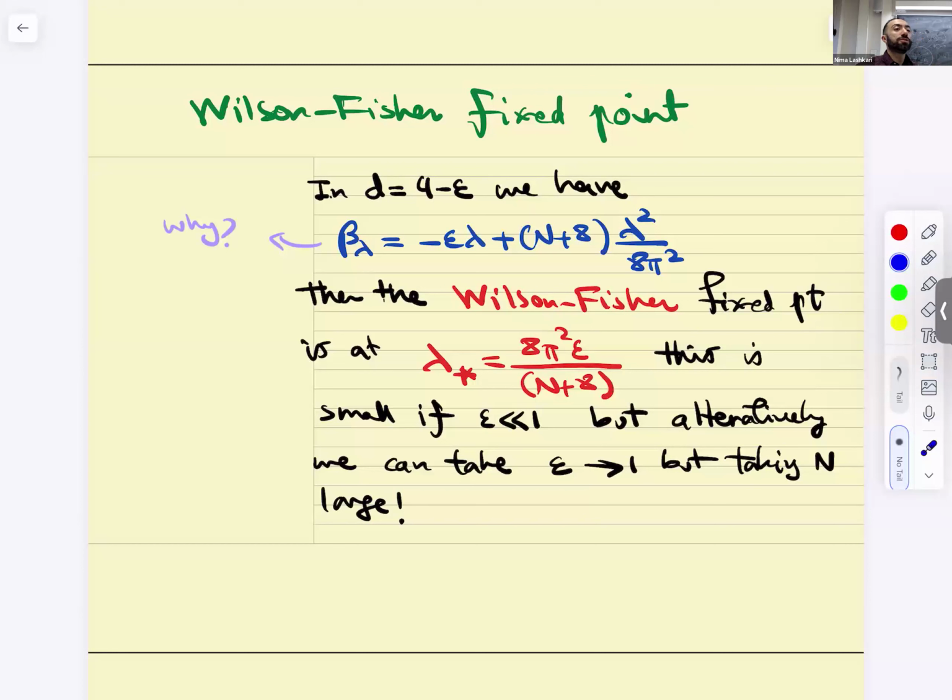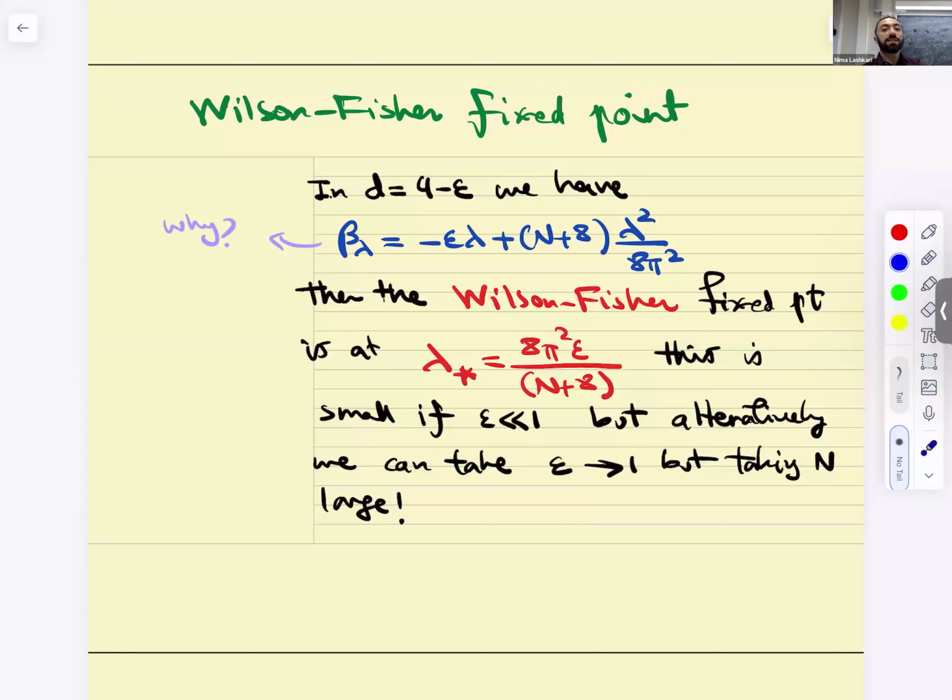If you have the action for a scalar field, you put it in e to the power of iS. If you have N copies of a scalar field, non-interacting, not related, the action is going to be N times the scalar field action. Now you can use the stationary phase approximation, or if you're in a statistical field theory, for large N, you could do a saddle point approximation.